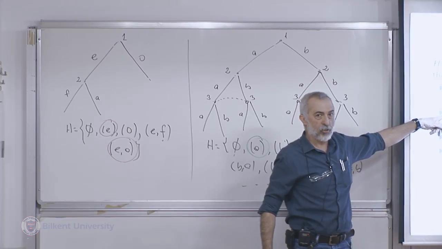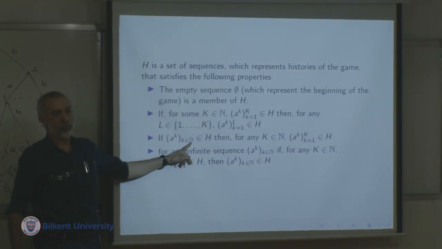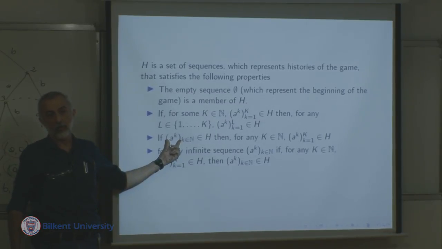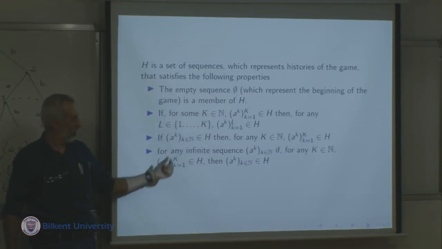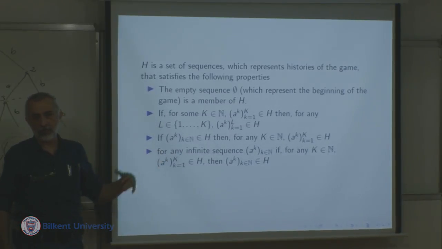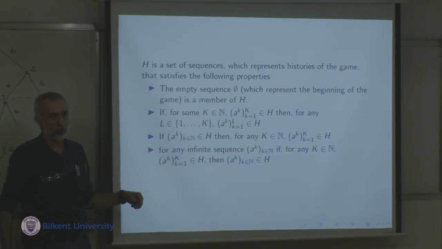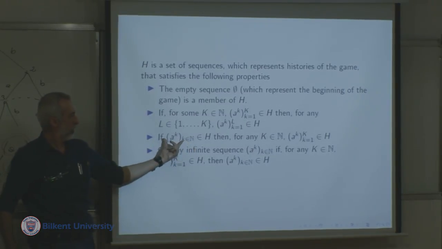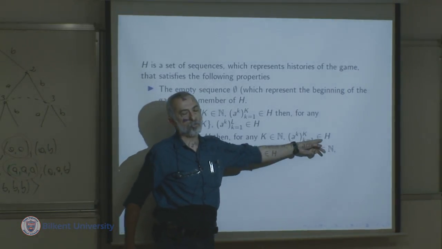Well, this is a slightly modified version of this. Here, this is a set of natural numbers. So what kind of a sequence is this? This is an infinite sequence. Most of the games that we will deal with will consist of finite sequences, but we might deal with some games of this kind. So this is the same thing: if an infinite sequence is a history, then any initial segment of that is also a history.